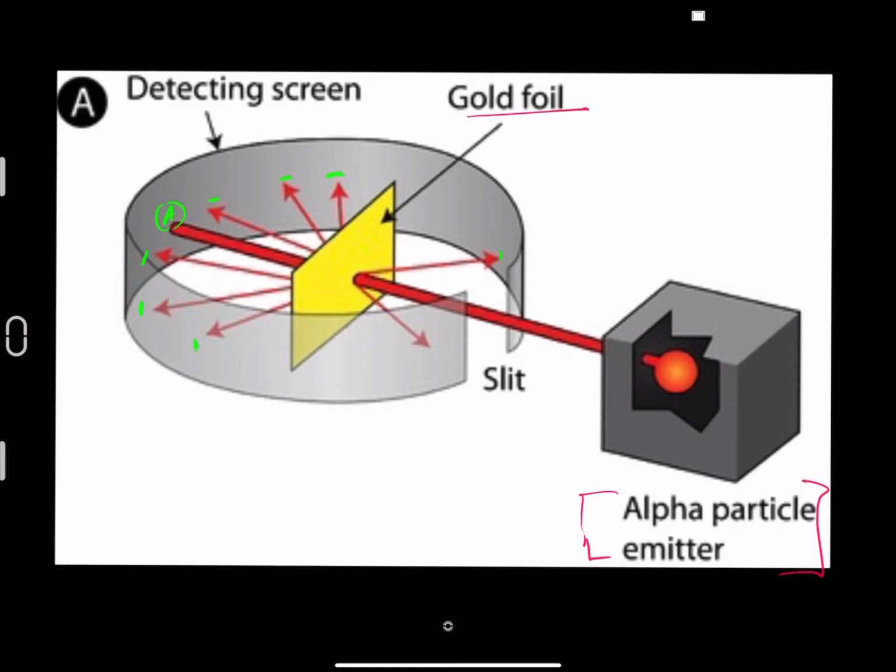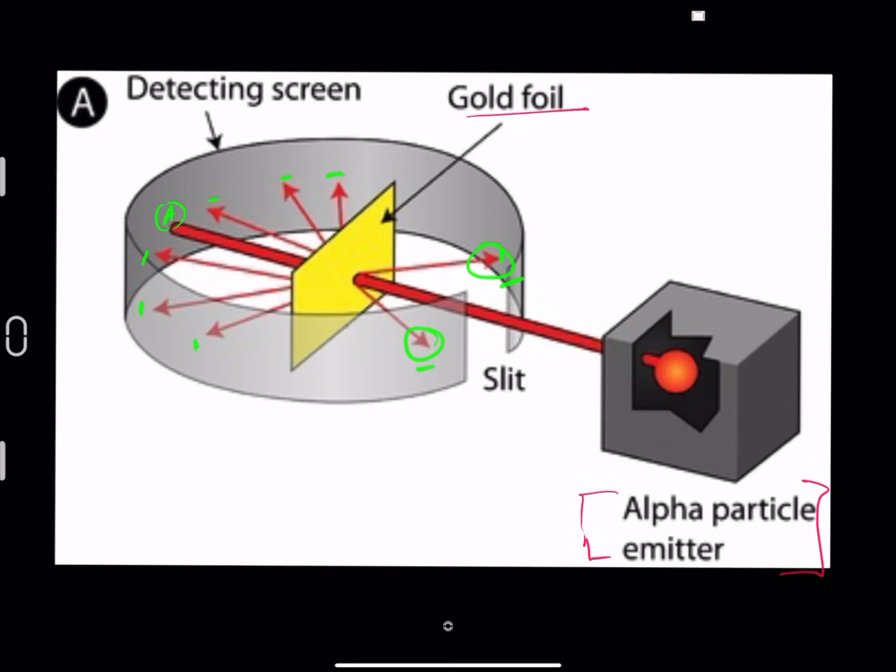And even more significantly, when there is a deflection or bouncing back of the alpha particle, it suggests that the atom is holding more secrets, or there is something else there that the alpha particle is interacting with.